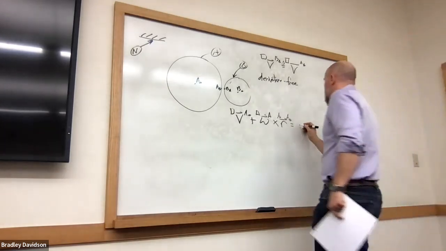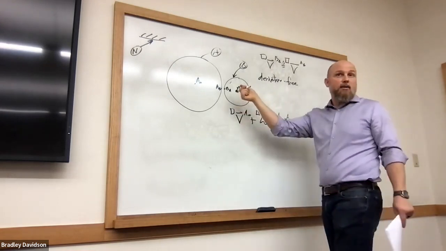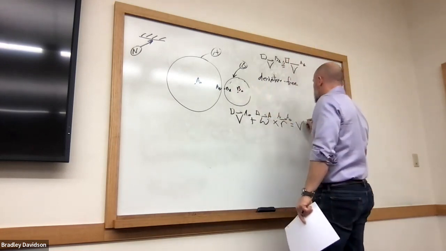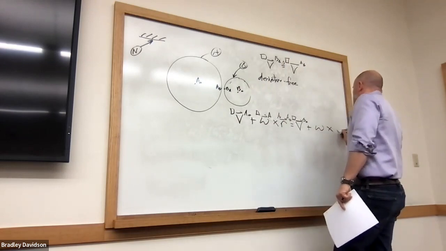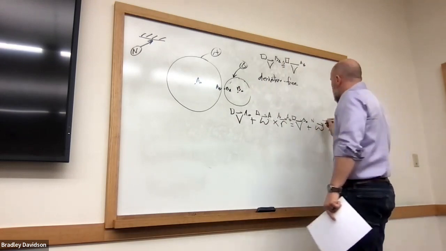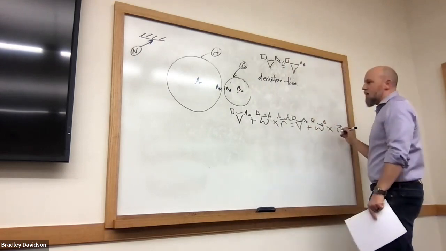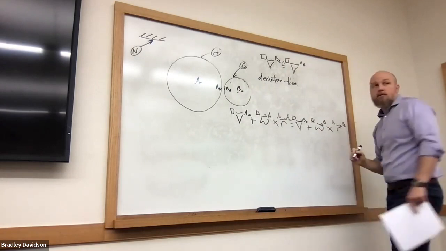And then on the right-hand side, we have to start somewhere on this rigid body. If we know this point, we can start with that point. We know the velocity of B naught in that frame, plus omega cross R, where it's omega from N to B crossed with the position vector from B naught to B sub A.